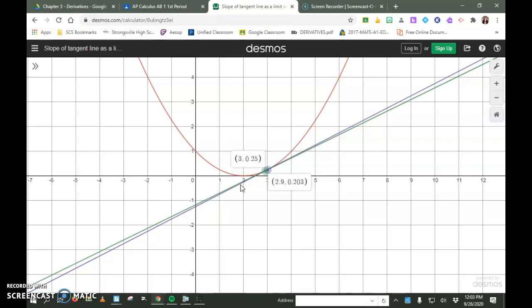The limit as x approaches a. A is the point of tangency, the x value for that point of tangency. This would be the limit as x approaches 3 of my slope formula, change in y over change in x. And as those x values get closer, that slope is going to be more and more indicative of the slope of the tangent line.